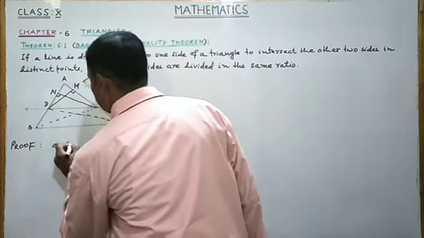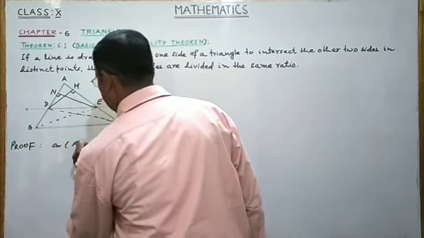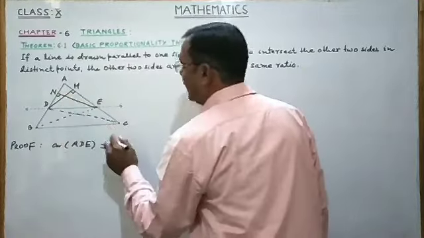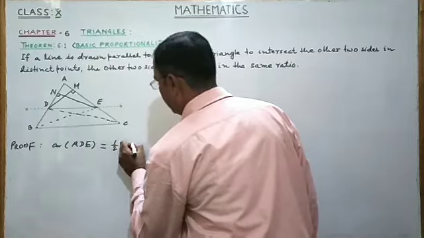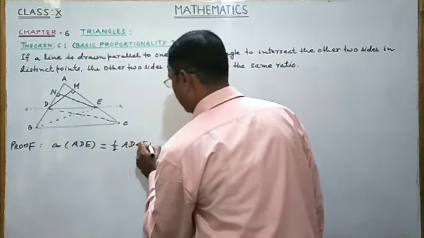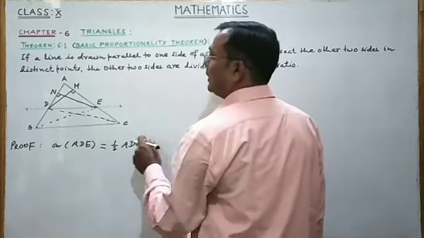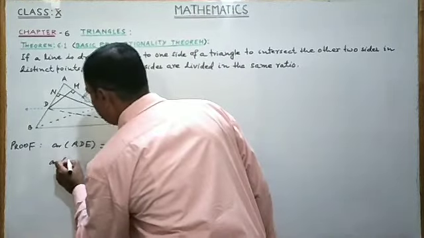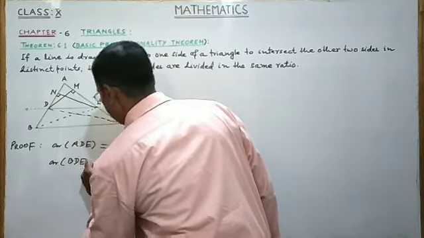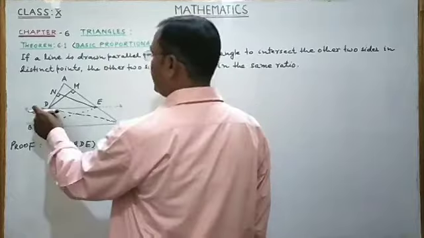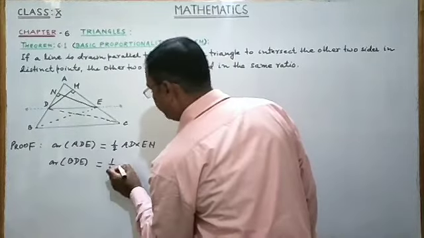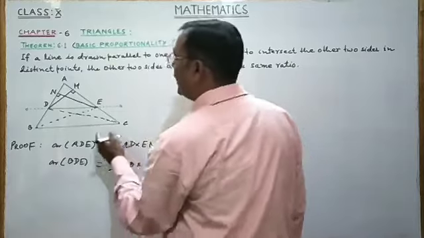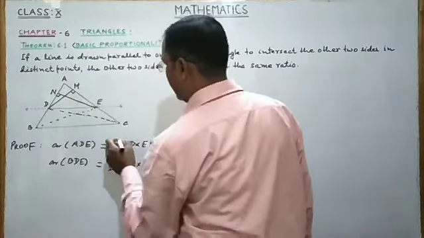So area of triangle ADE equal to half into base AD into altitude EN, and area of triangle BDE is half into base BD or DB into altitude EN.